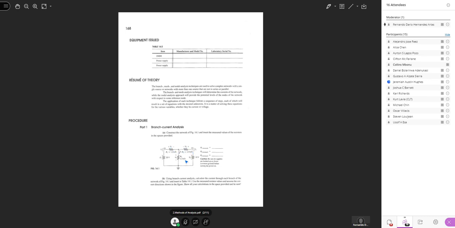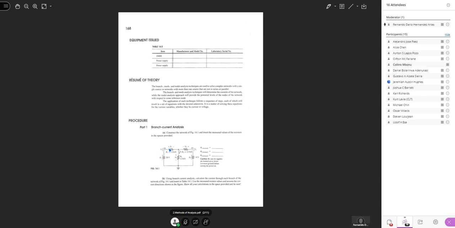As a reminder, as we did in the lecture, you will go around a loop and add algebraically all these voltages, and all of them are equal to zero. For example, if you start here, when you go across E1, you go from negative to positive. That's a voltage rise, which we call positive.